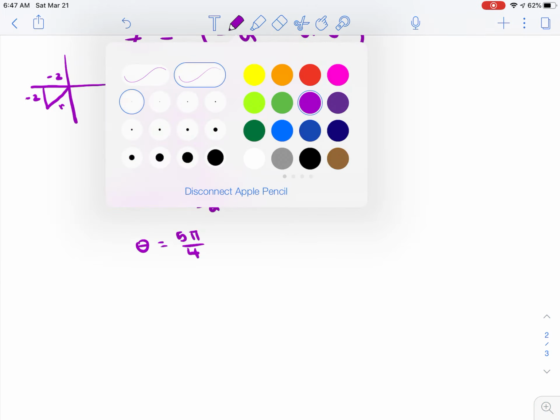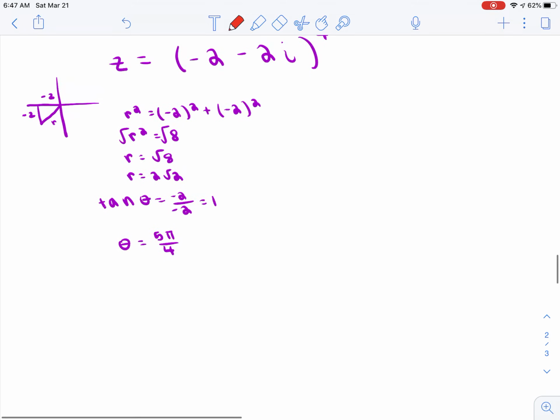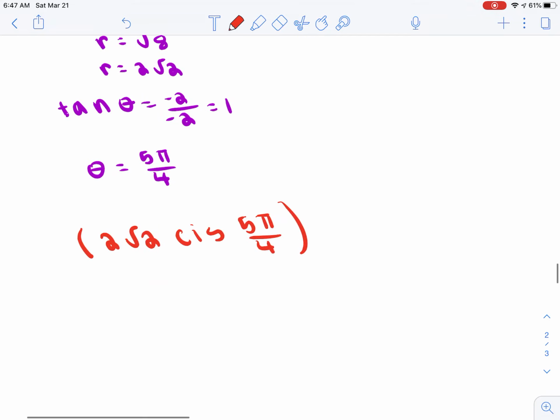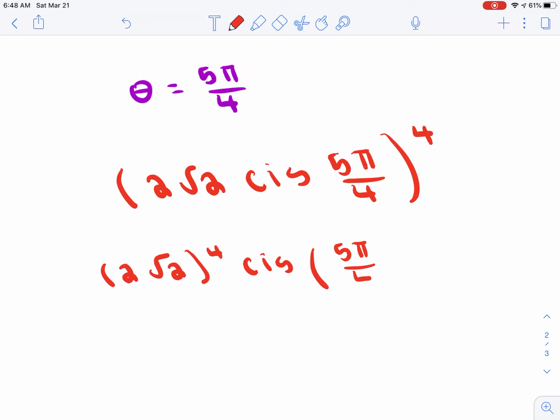So to actually now get the answer for z, we're going to take what we just found, this 2 root 2 cis 5 pi over 4, and we're going to raise that to the 4th power. So to do this, remember that we're going to take this 2 root 2 and raise it to the 4th power, and then cis 5 pi over 4 times 4.